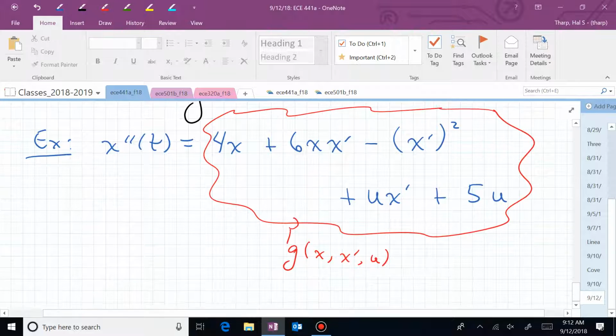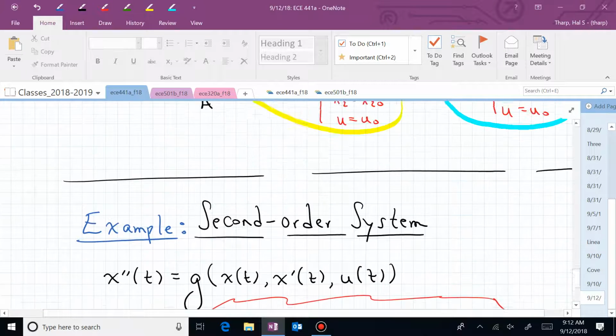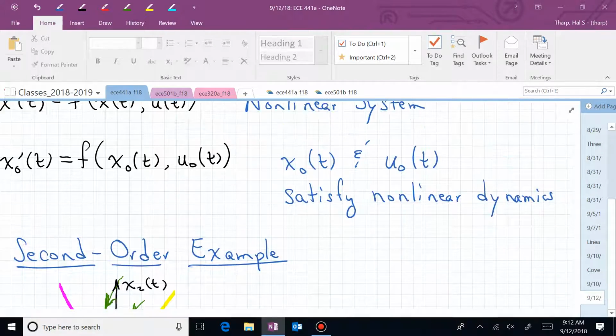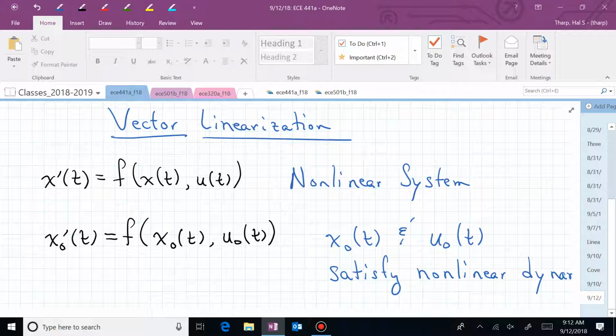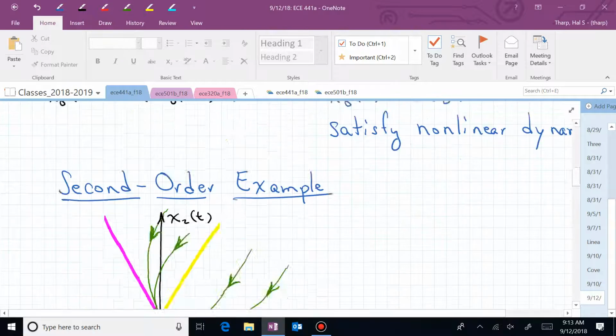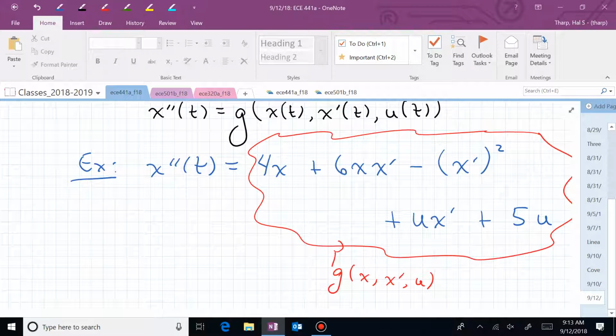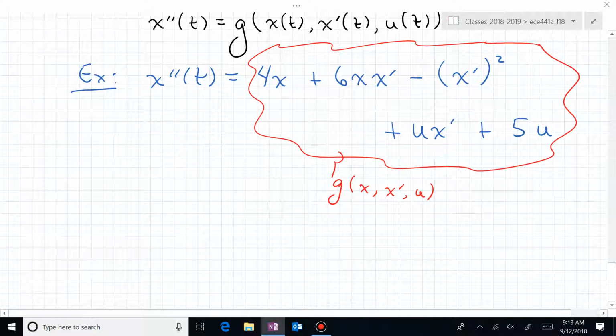So now what do we do? Well, the first thing that we want to do is maybe, does this look at all like that? First derivative equal to a right-hand side. Maybe not so much, huh?